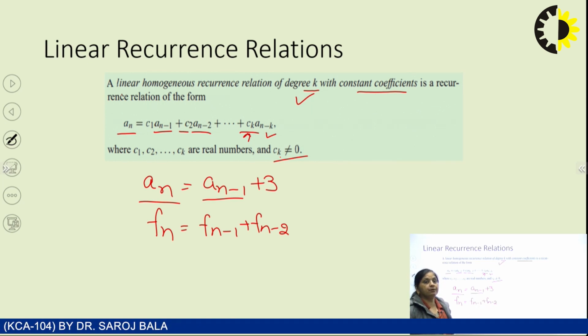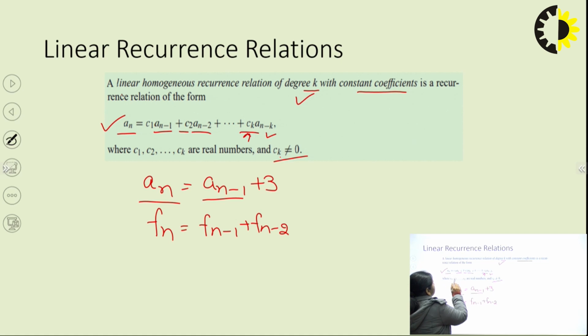Now, we will go on taking this type of recurrence relation, an equal to C1 an minus 1 up to an minus k. We will not consider equations with an extra constant term. We will consider homogeneous ones, in which we do not have this constant term. What type of recurrence relation will we consider?